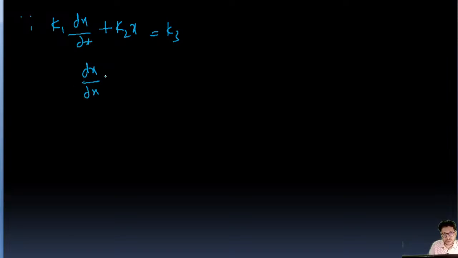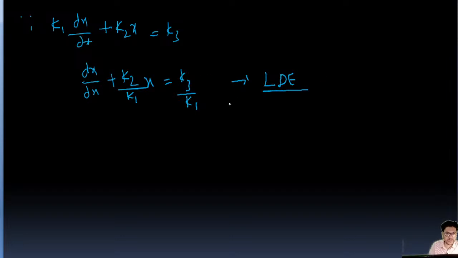So dx upon dt plus k2 upon k1 x equal to k3 upon k1. This is in the form of a linear differential equation of first order.